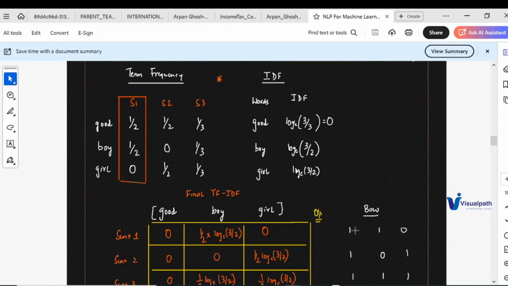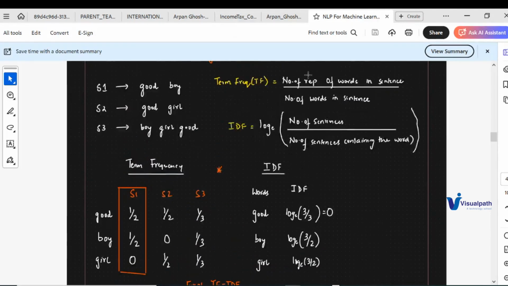Now instead of that, with this math, 1 by 2 into log of 3 by 2, they are trying to get the essence of contextual meaning, because the formula uses the number of times the words are repeating and coming back, which is nothing but trying to gauge the importance of the words, right?